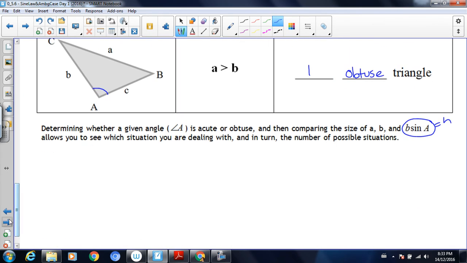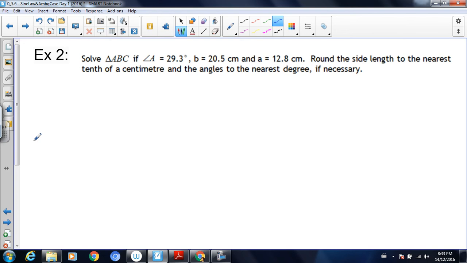So now let's do some solving. Example 2: solve triangle ABC if angle A is 29.3 degrees, side B is 20.5 centimeters, and side A is 12.8 centimeters. Round the side lengths to the nearest tenth of a centimeter and the angles to the nearest degree if necessary.